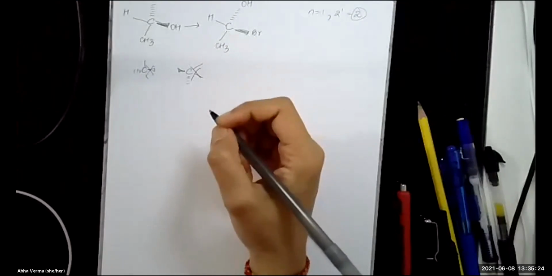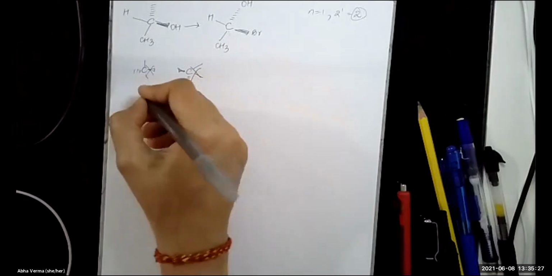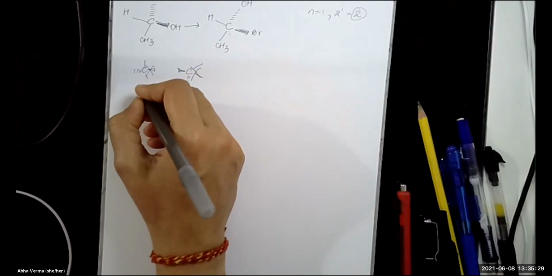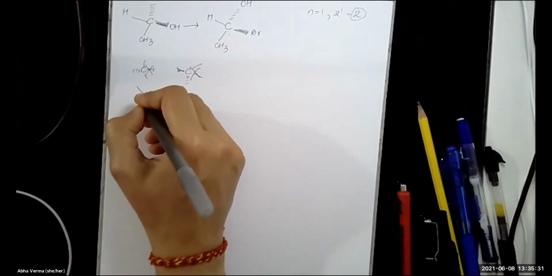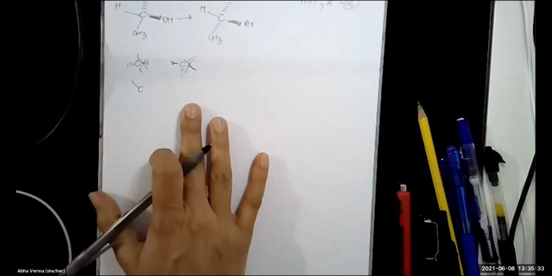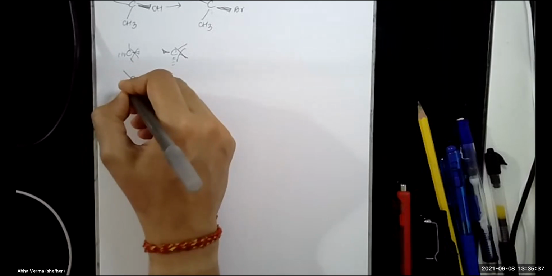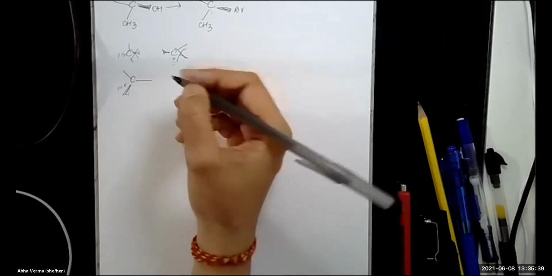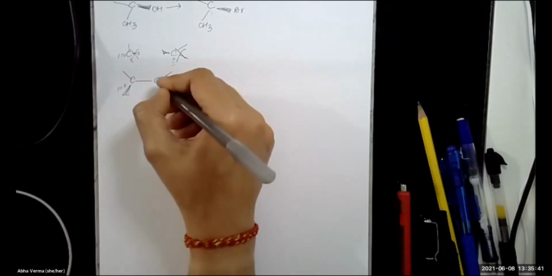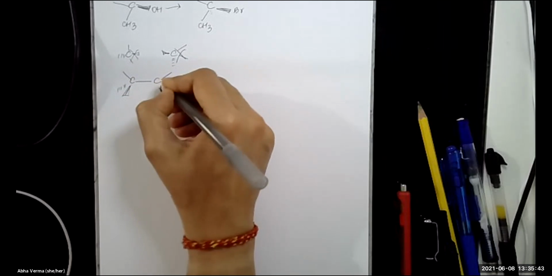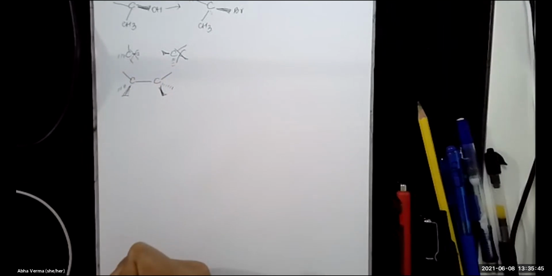What would happen if I have two? At that point, all of you are able to see this? And I'm just drawing my sideways dash and wedge kind of projection.